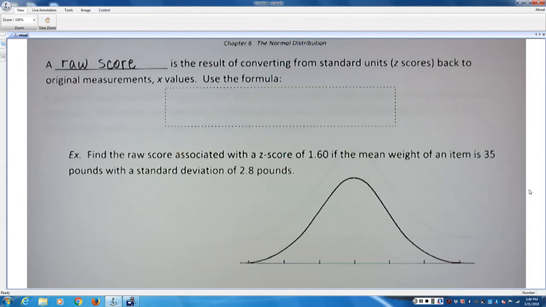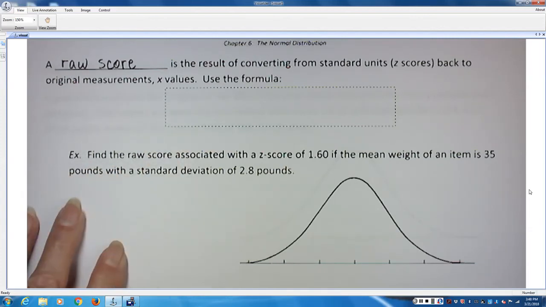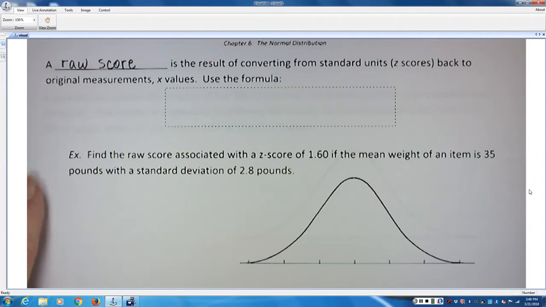And we can get those back from using a formula that's based on the z-score formula. I could work through the algebra and show you how the z-score formula turns into this formula, but I'm just going to give you the formula.